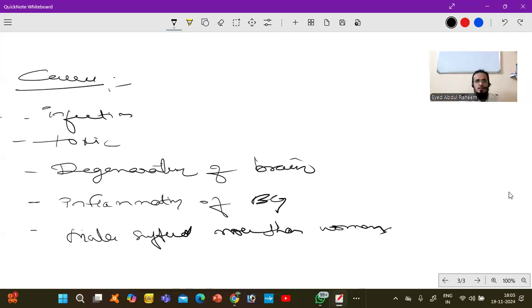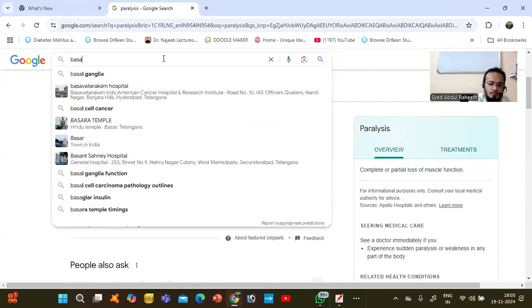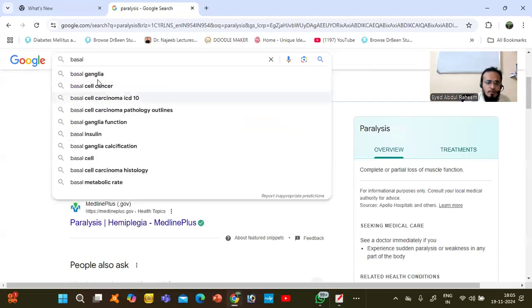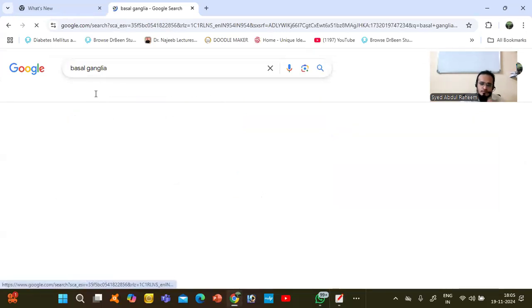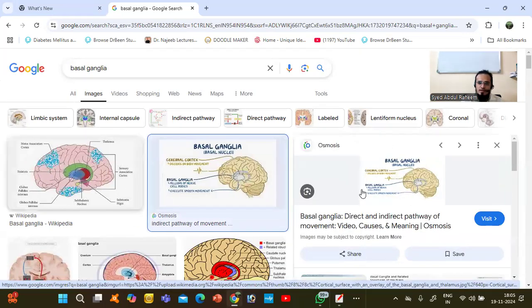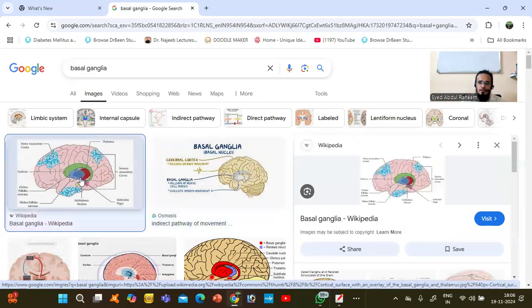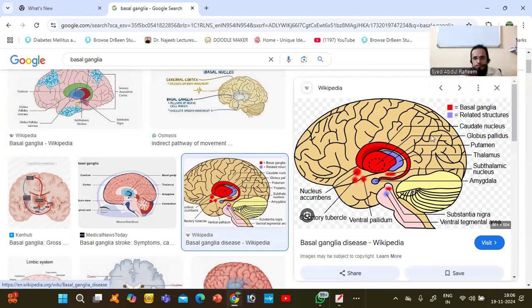So let's see the basal ganglia in the image. You can see that this is the image of the basal ganglia. This is the structure. This is the basal ganglia, the red color. All these are basal ganglia.